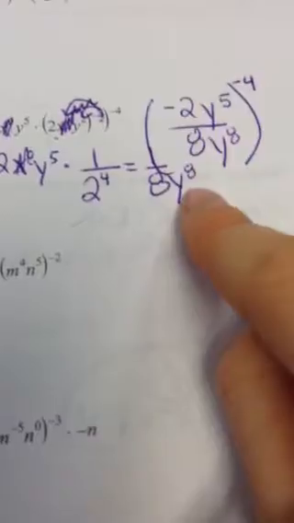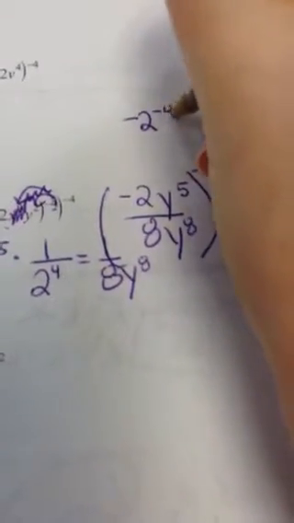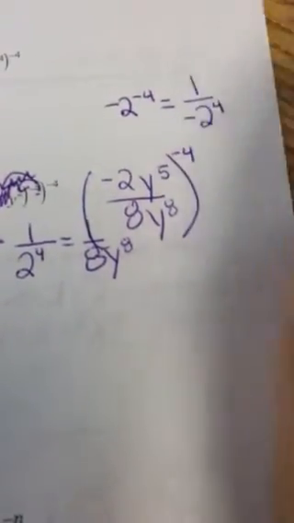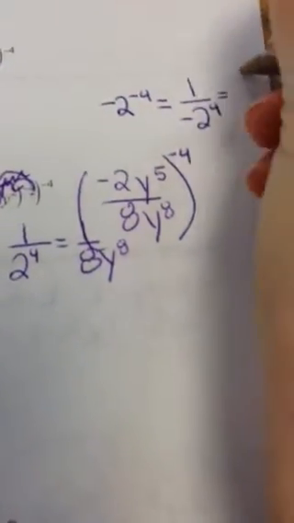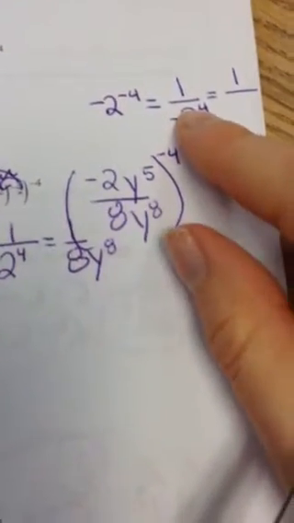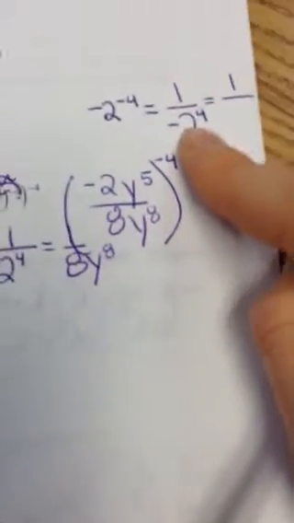So basically, if I have negative 2 to the negative 4th power, that's the same as having 1 over negative 2 to the 4th power, which would equal 1 over, so negative 2 times negative 2 is a positive 4, times a negative 2 is a negative 8, times a negative 2 is a positive 16.